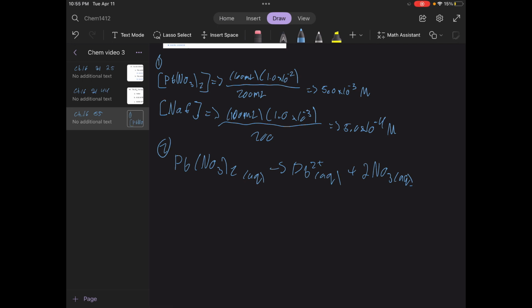Here we're trying to find the concentration for Pb, so they're 1-to-1 ratios, so it doesn't need to be balanced. So we know the concentration here is 5.0 times 10 to the negative 3 and 5.0 times 10 to the negative 3.